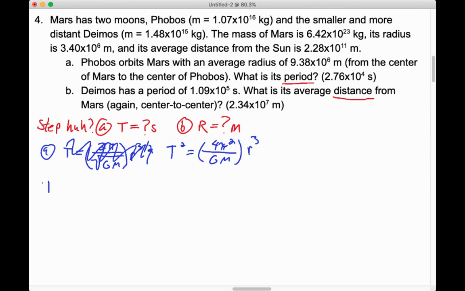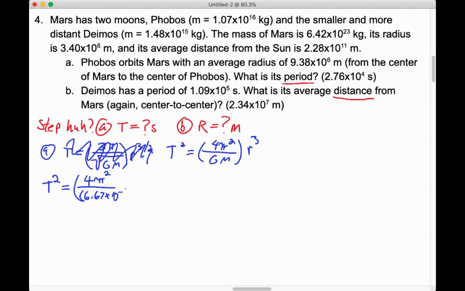So what do we have? T squared is equal to the big square root, 4 pi squared over big G, okay, 6.67 times 10 to the minus 11th, times M. Okay, so here's the thing. There are a couple of M's here. Do we want the mass of Phobos or do we want the mass of Mars?